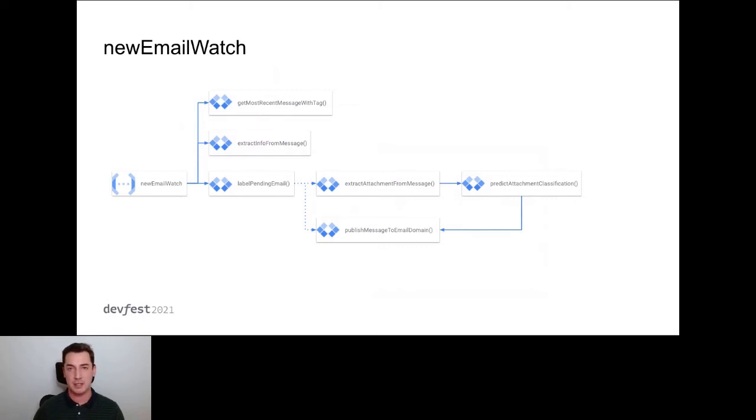If there is an attachment, we check if it is a PDF attachment, a document attachment, or a TXT text document attachment. A very handy feature of AutoML is that we will be able to extract the attachment from the message, and then predict that attachment's classification. If there is a text document, we get all the text within it and send that to AutoML to predict the attachment classification.